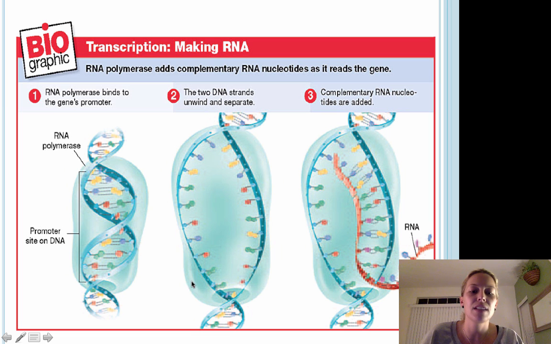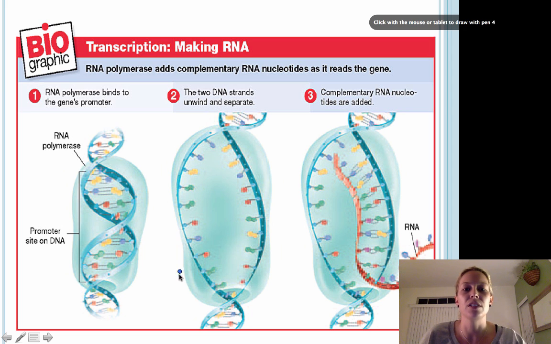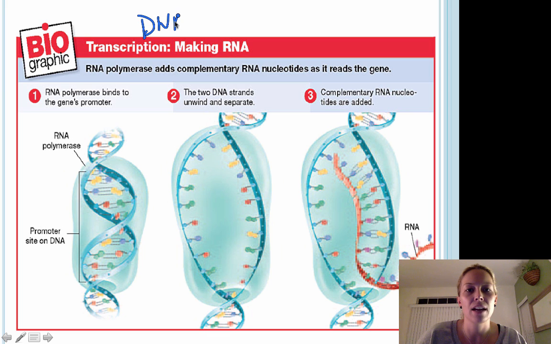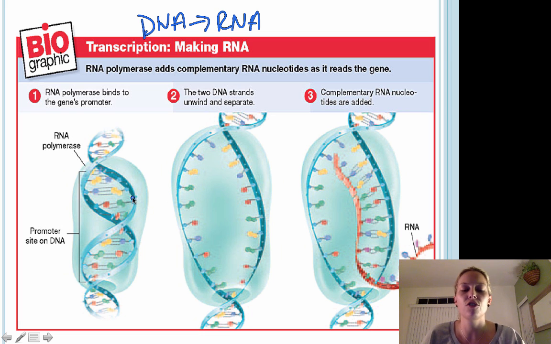So here is a diagram of transcription. Remember, in transcription, we are doing that first part of the central dogma of DNA. We're going from DNA to RNA. Here we have RNA polymerase binding to a gene's promoter region, and the promoter region is just the start region of the gene.